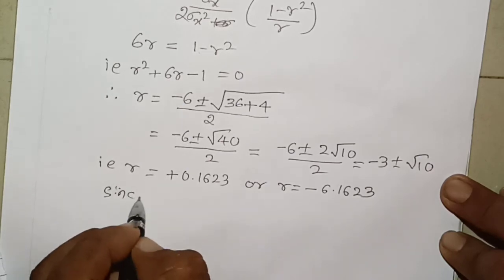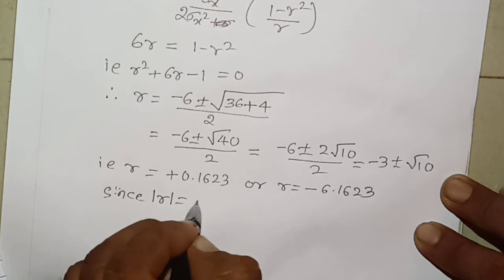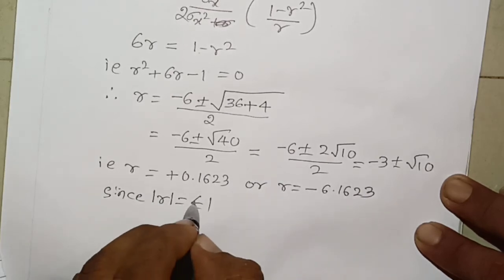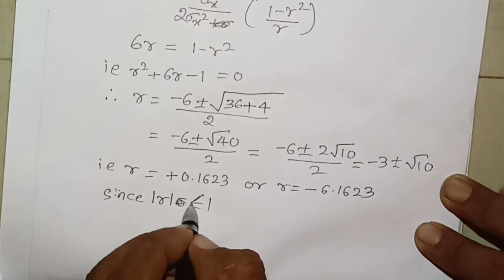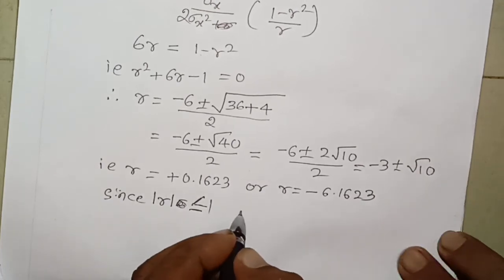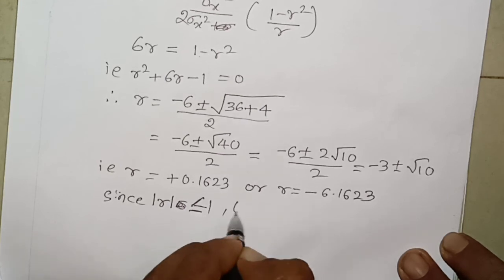Since r lies between minus 1 and plus 1, mod of r is less than or equal to 1. That means r lies between 1 and minus 1.